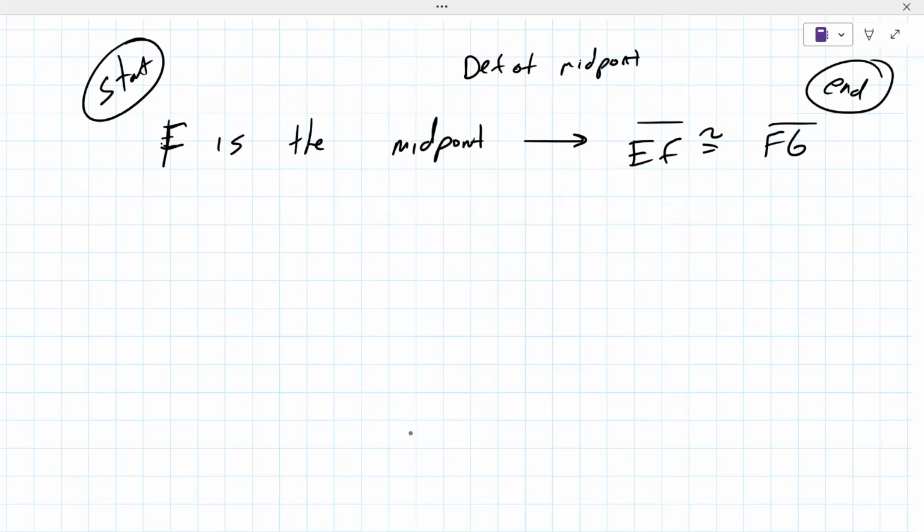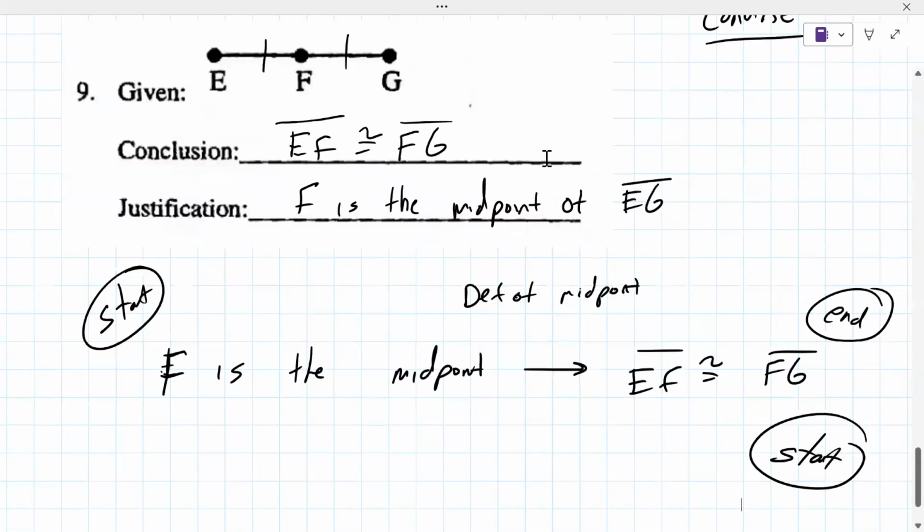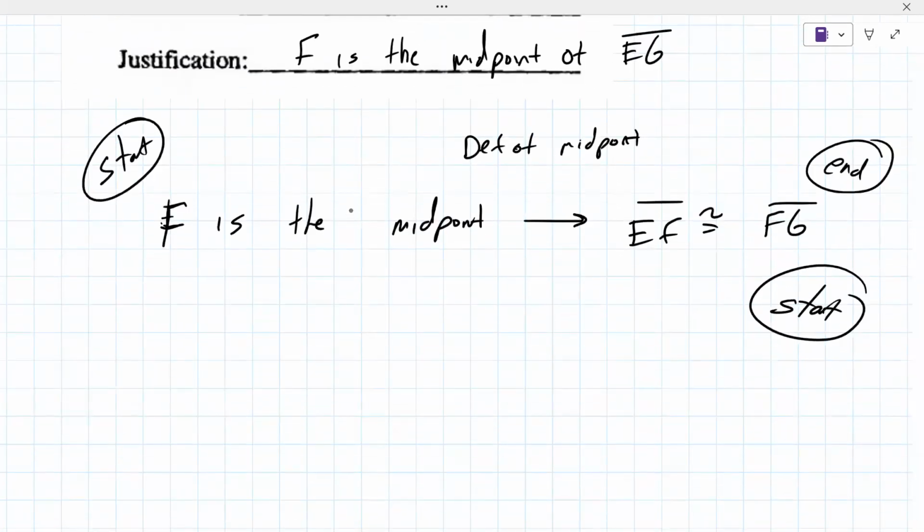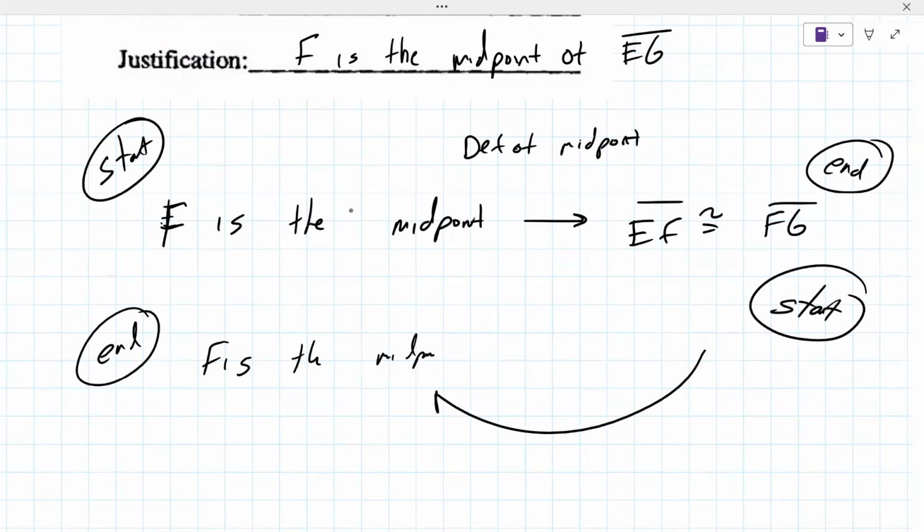Now, the way the converse works is if you start here, like let's say they just tell you that EF is congruent to FG. Then going in the other direction means that F is the midpoint. When you go backwards, it's called the converse.